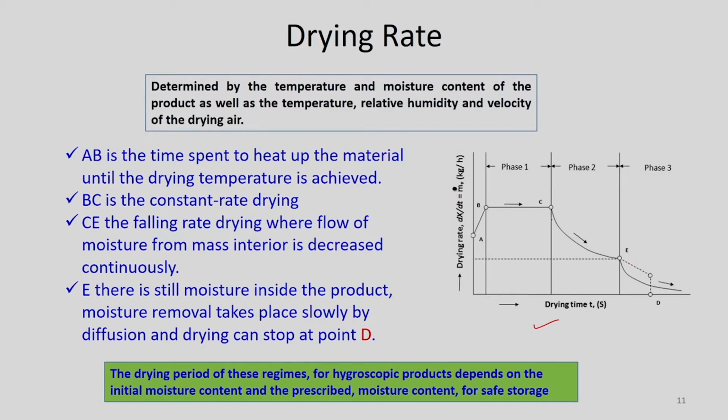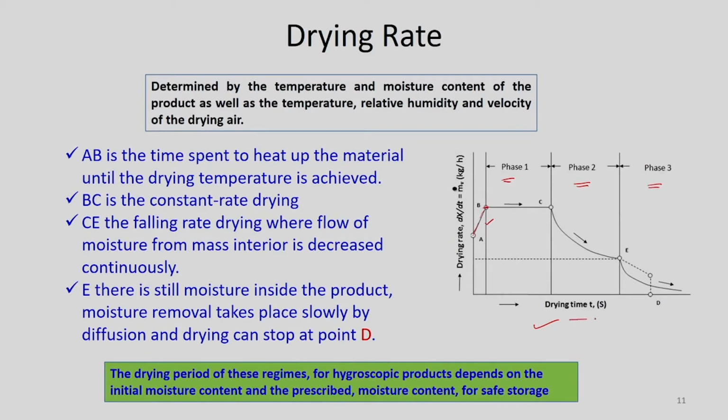So, B to C is phase 1, C to E is phase 2, then E to D is phase 3. Here A to B is the time spent to heat up the material until the drying temperature is achieved. So, this may be the drying temperature.